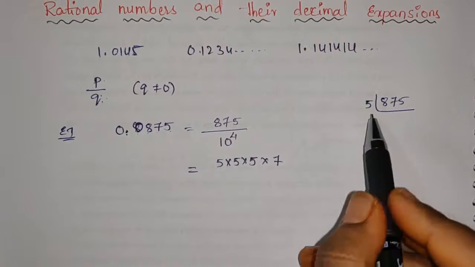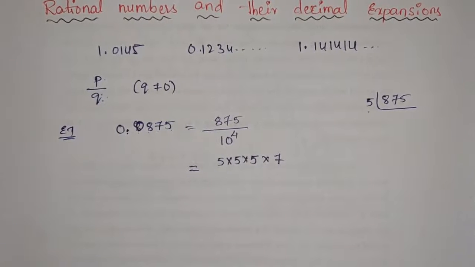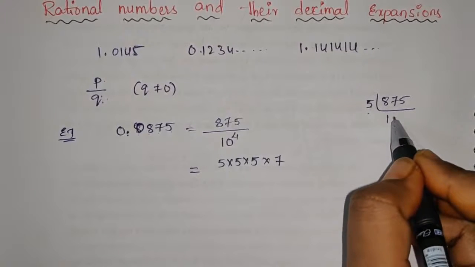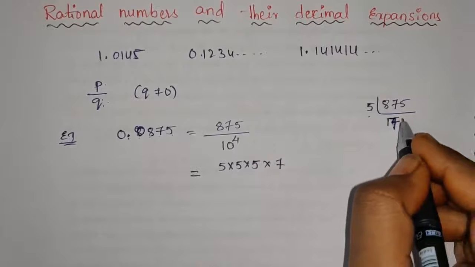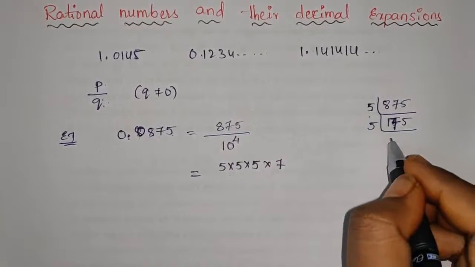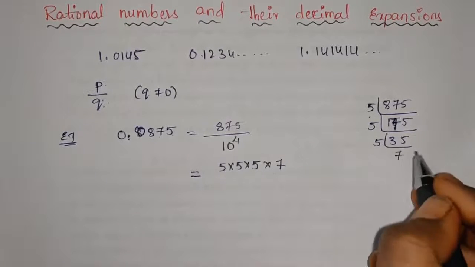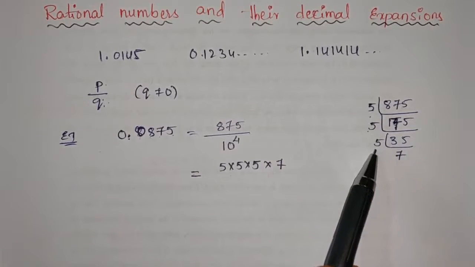So I am taking directly the prime number 5. Dividing by 5, we get 175, and again with 5 you will get 35. When you divide again by 5, it is 7. So the prime factorization will be 5 into 5 into 5 into 7.